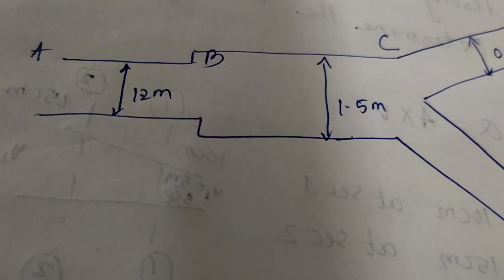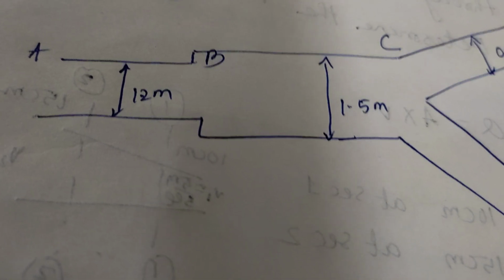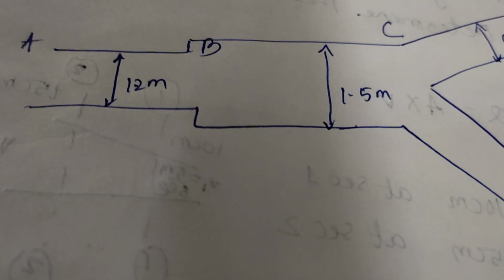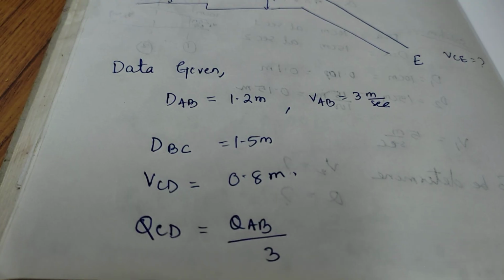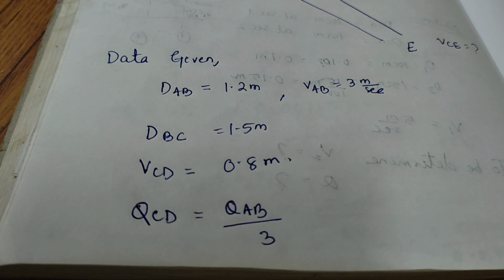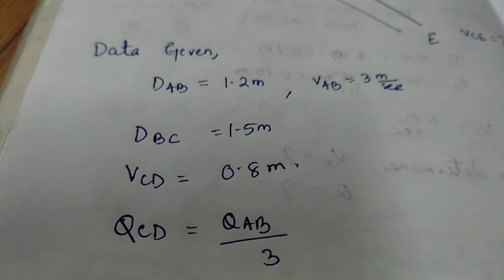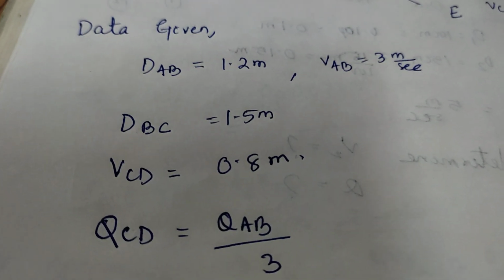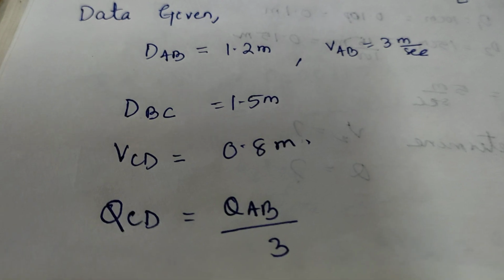Then diameter of CD is 0.8 meter, and the flow in CD, how much will it flow? 1/3 of QAB. QCD equal to QAB divided by 3.